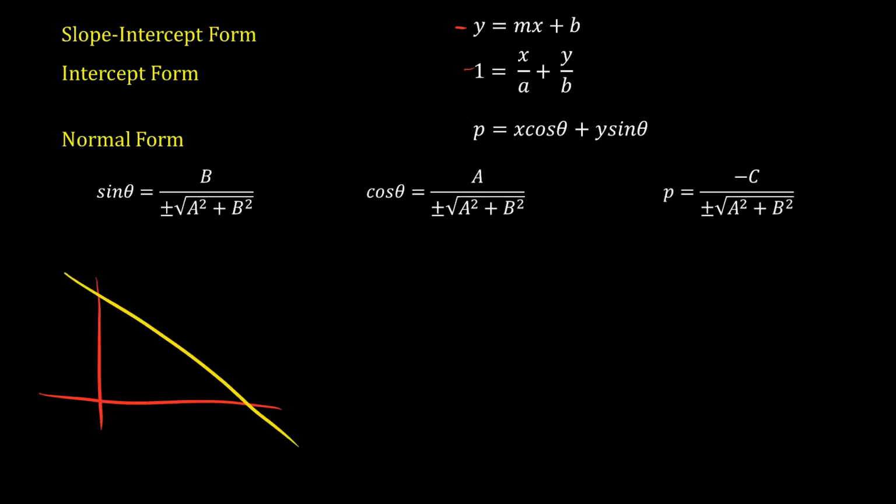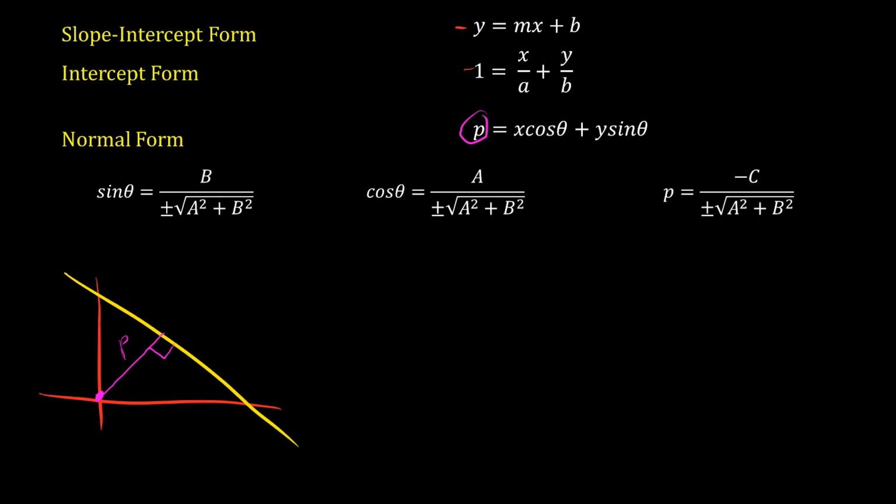Then another line is given, let's say this one, which comes from the origin, and this violet line is perpendicular to the yellow line, class, which is the equation of the line we are looking for. This is its length. It comes from the origin, and it is normal to the yellow line.